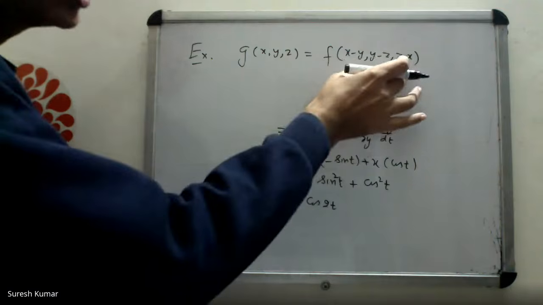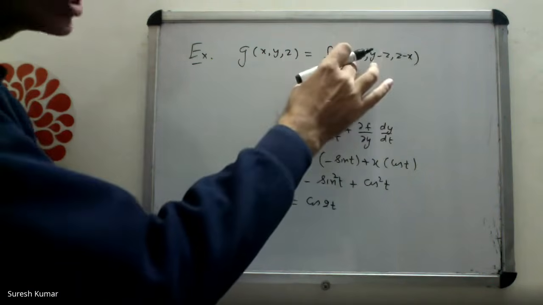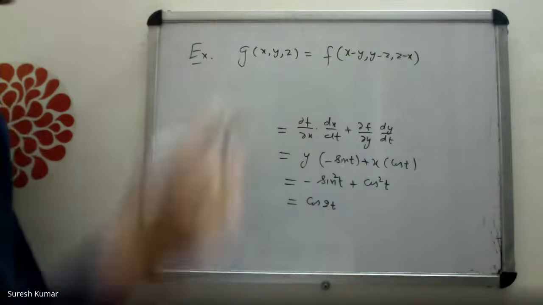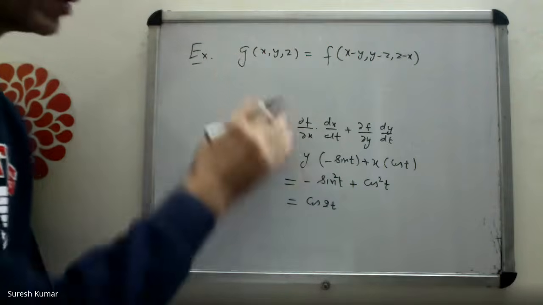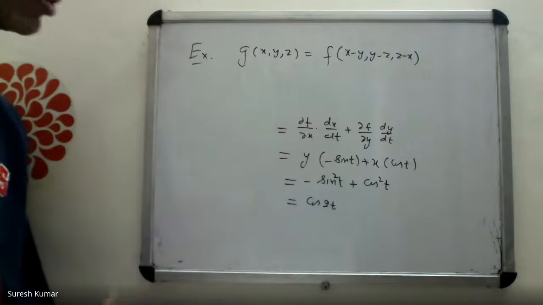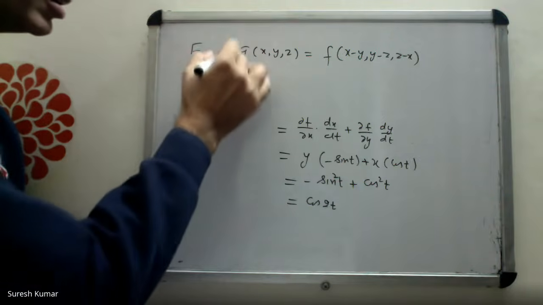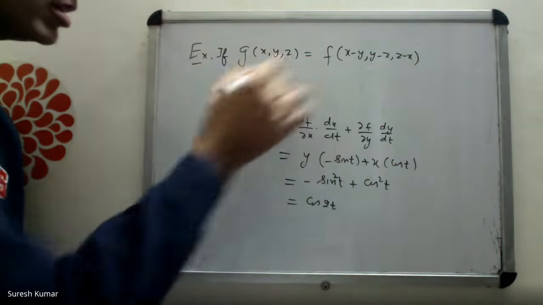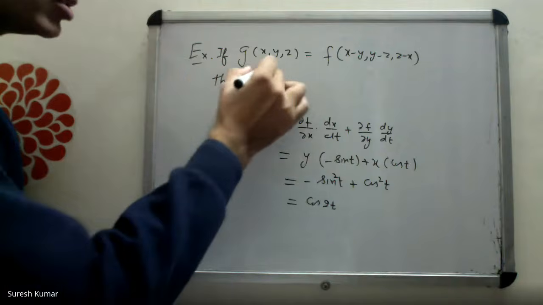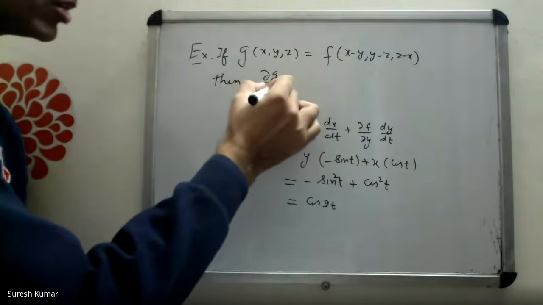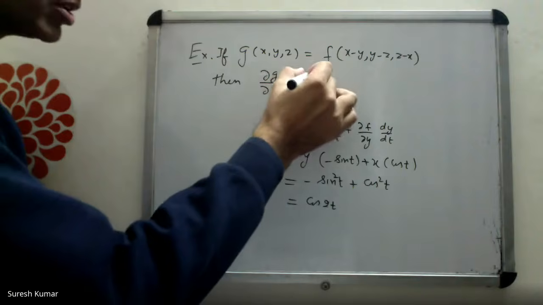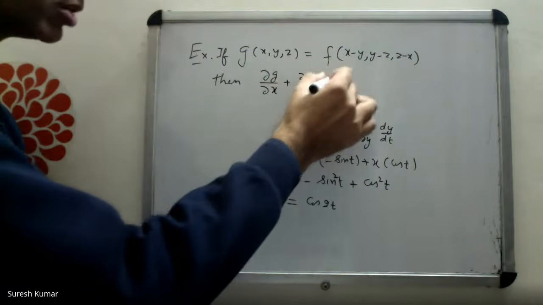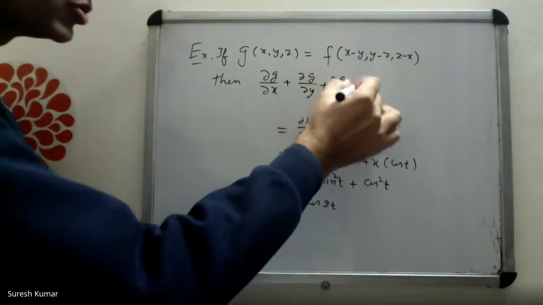In this expression, the terms are in the form x minus y, y minus z, z minus x. Overall, it is a function of x, y, z. If g(x, y, z) is this, then show that partial g over partial x plus partial g over partial y plus partial g over partial z is 0.